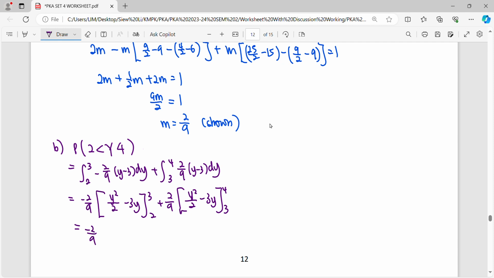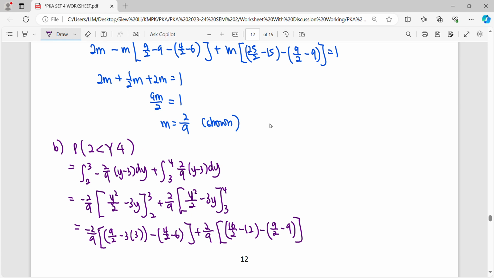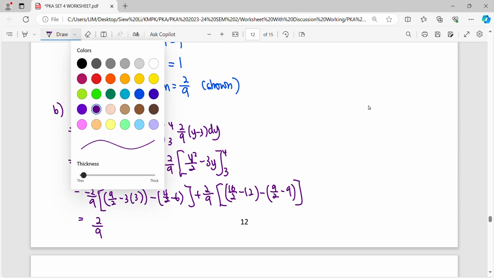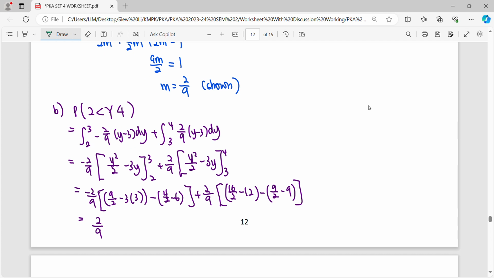Continue, substitute the upper limit minus lower limit. Alright, can you get this? 2/9? Yes.